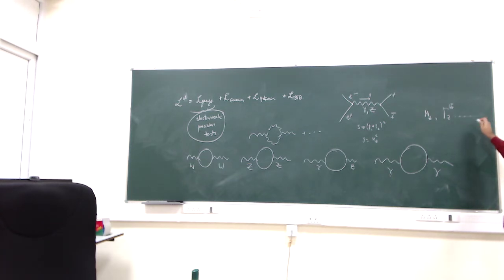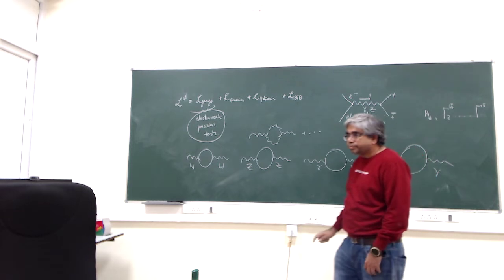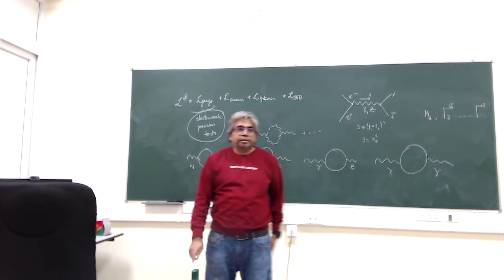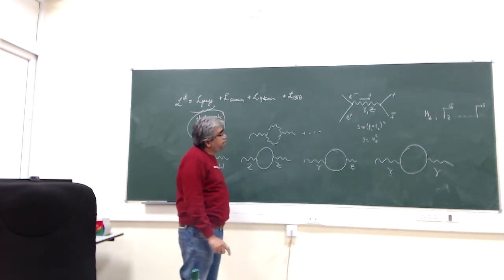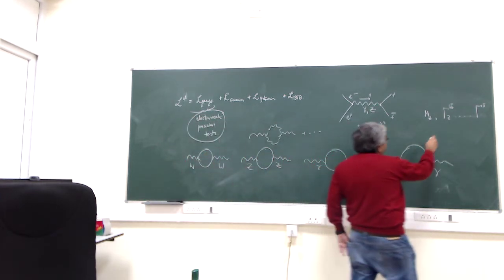One of the most interesting channels is the invisible channel, Z going to neutrinos. It's also called gamma Z invisible.